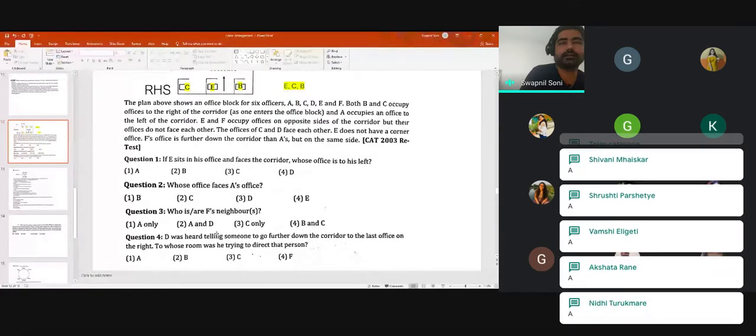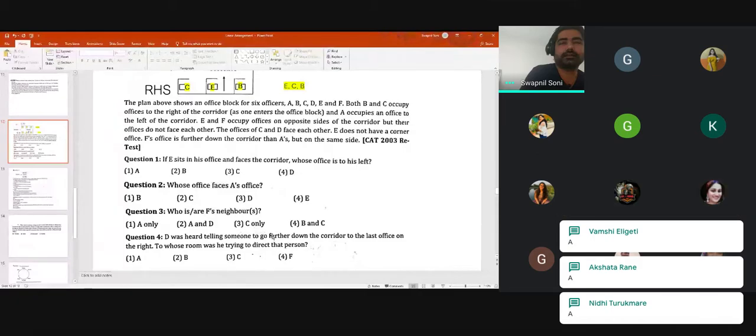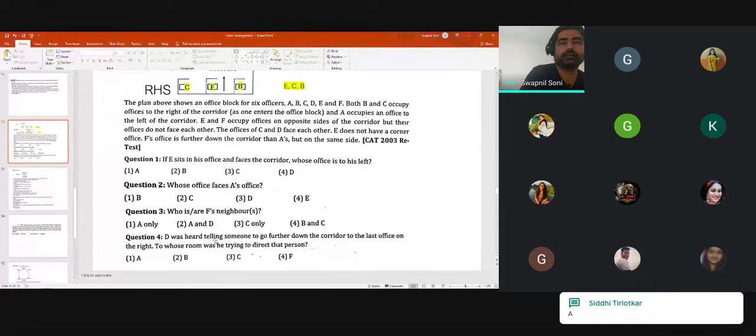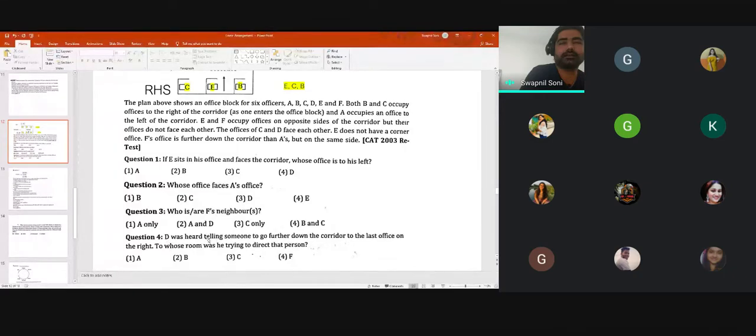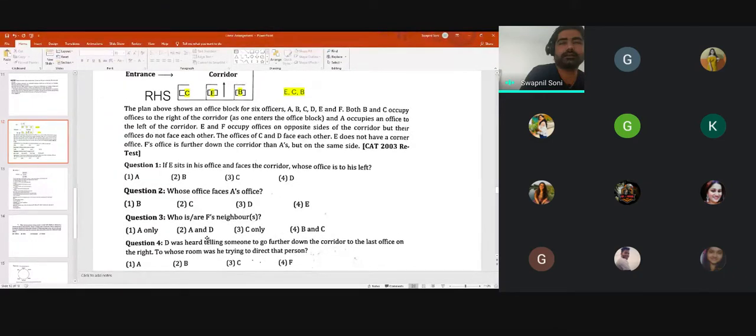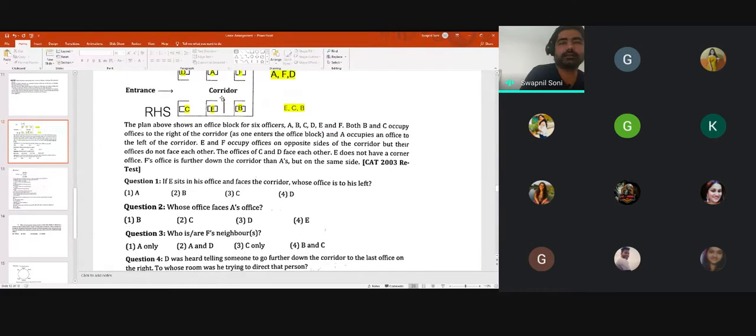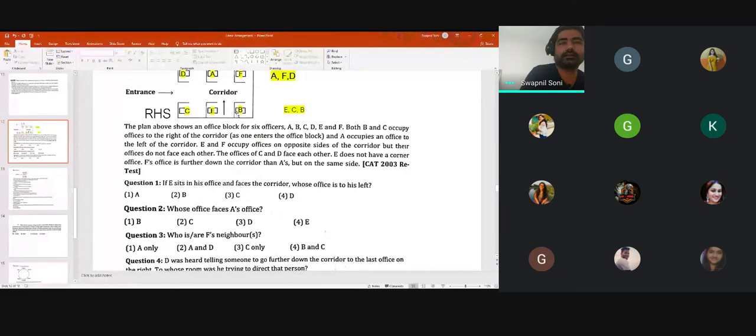Now, D was heard telling someone to go further down the corridor to the last office on the right. To whose room was he trying to direct that person? So D was telling somebody to go further down the corridor, to go further inside, on the right. So further inside on the right means this side.